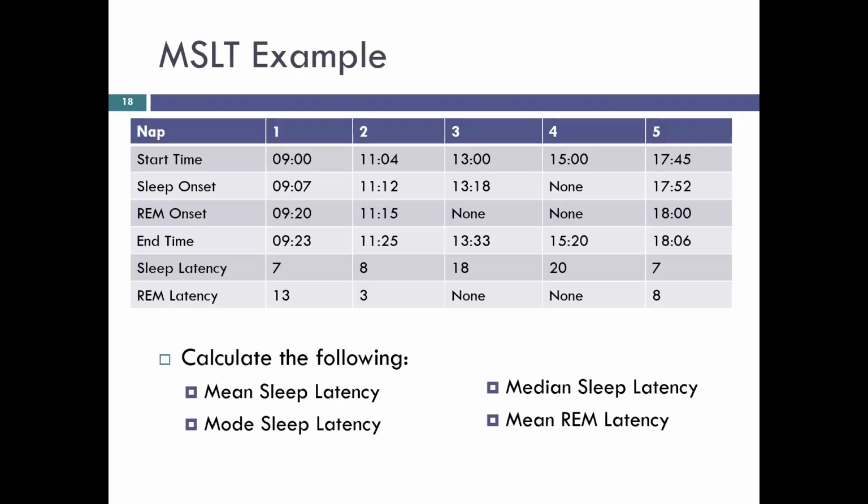Eight. Yeah, because you're only taking the average of when they actually reached REM. So 13 plus 3 plus 8 divided by 3.